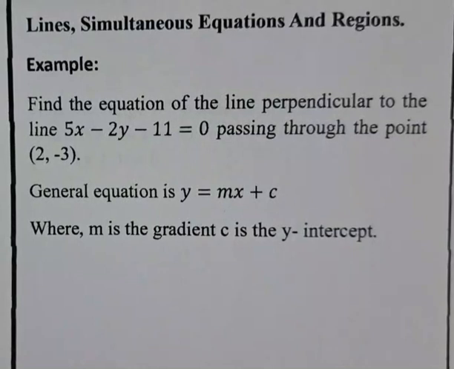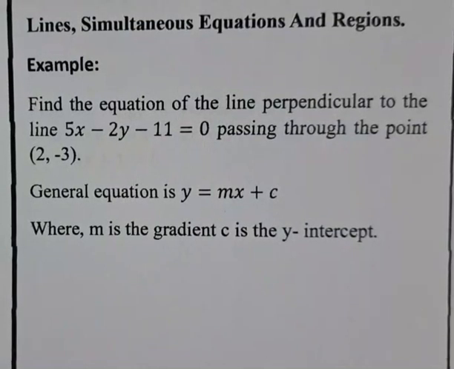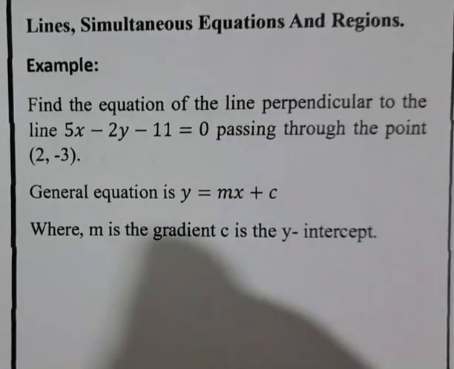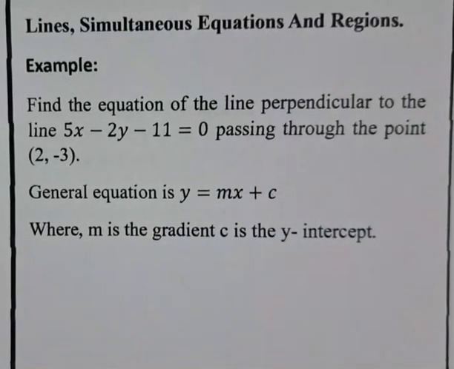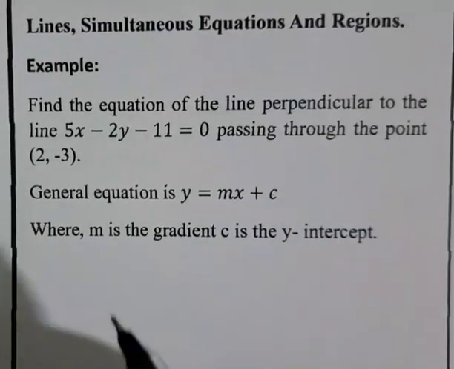But during this video, we're going to use the special name which we give to m, and that is a gradient. And c is the y-intercept, as indicated by this sentence there.